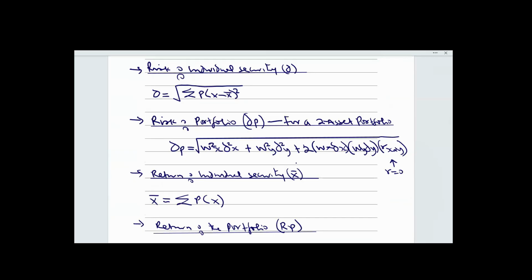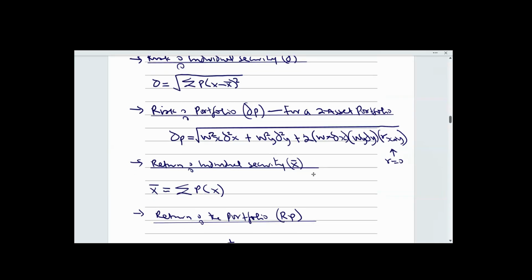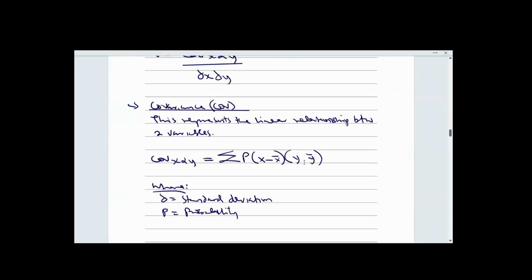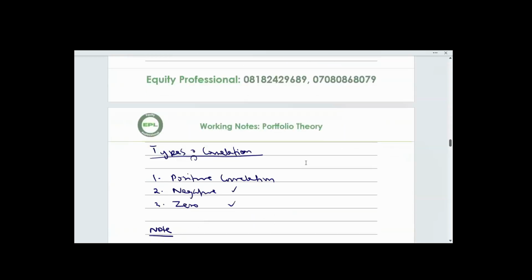That is, R is equal to 0. But if in a question you are given the same probability for the two securities, it means there is a relationship and you need to compute your correlation coefficient. That is an exam tip, all right?